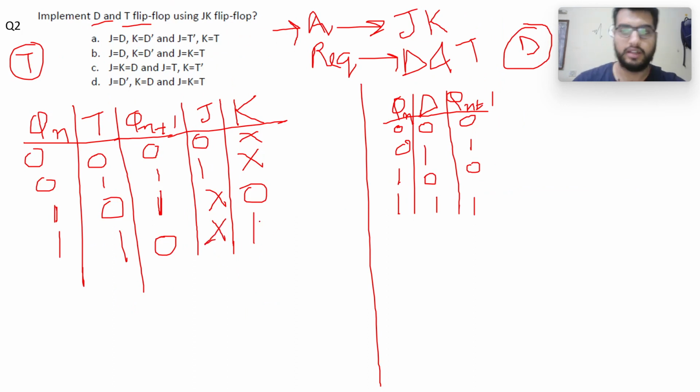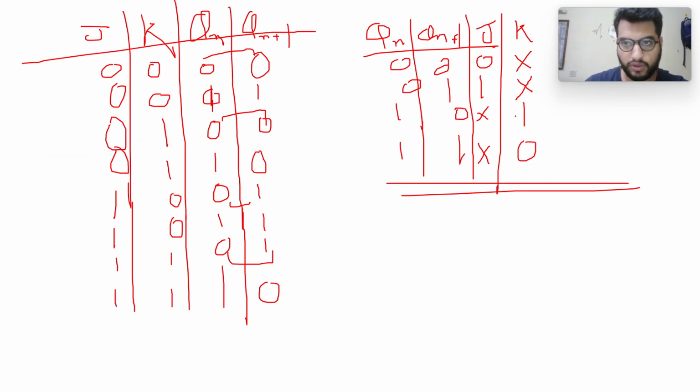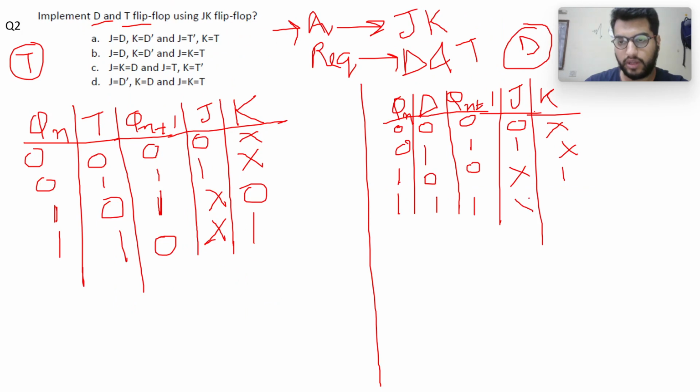So this is the excitation table of the available flip-flop. So we have 0 0, that means 0x. Then we have 0 1, that means 1x. Then we have 1 0, that means x1. Then we have 1 1, so x0, right? So we are done with our 3 steps.